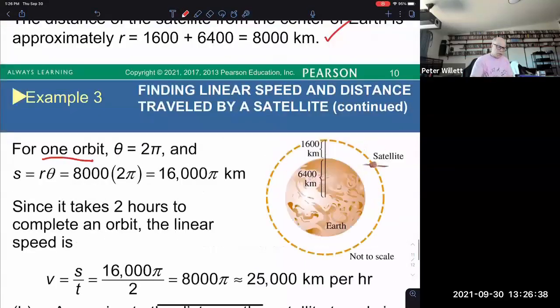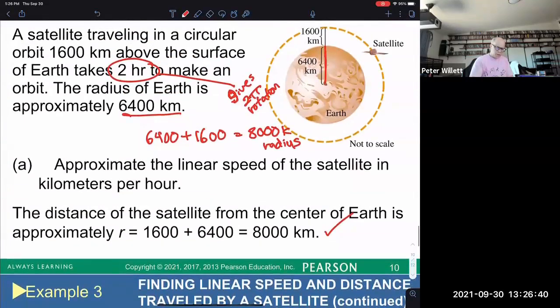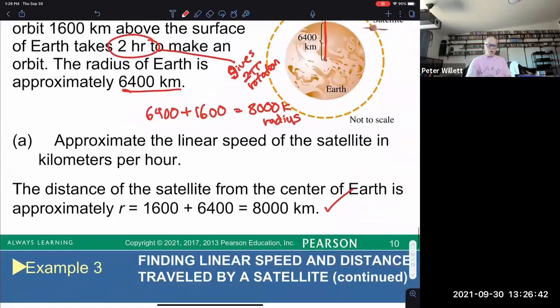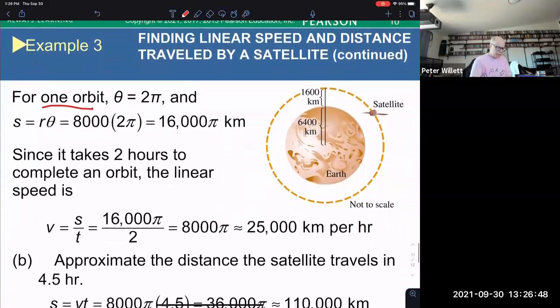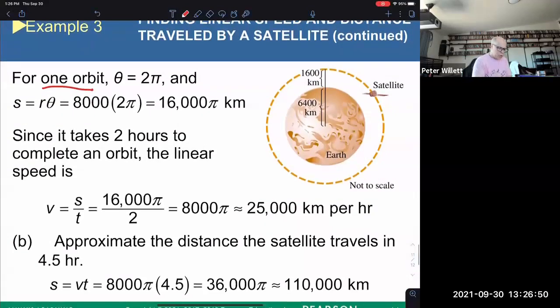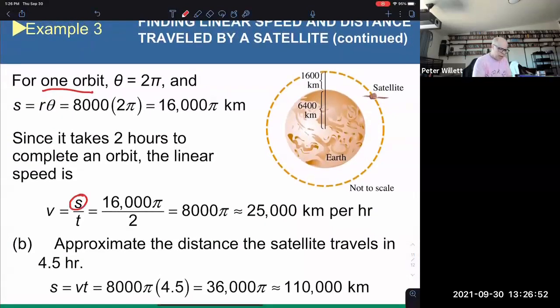So to find the linear speed, we want the distance traveled per hour. So they're saying first we're going to get the distance and then divide by how many hours it takes to go that. And so the total distance was r times theta, and that gave us 16,000 pi kilometers.